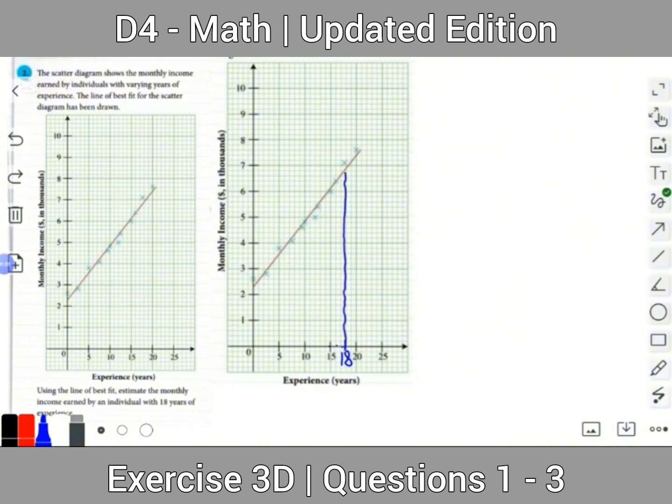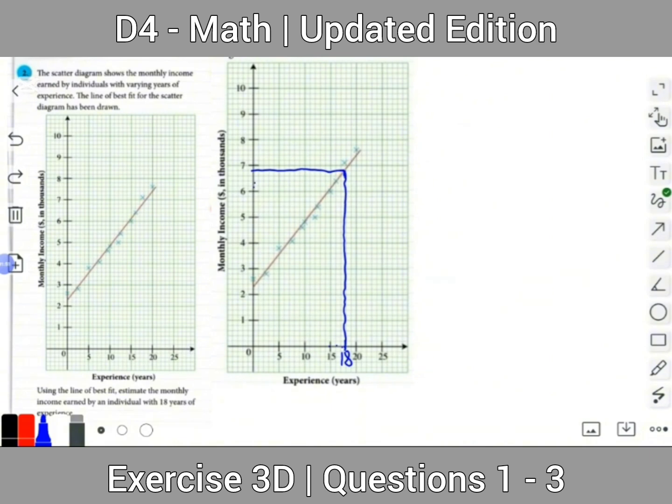Now from the point of intersection on the line of best fit, we will draw a horizontal line until it touches the vertical axis.